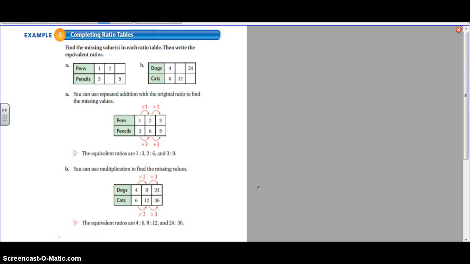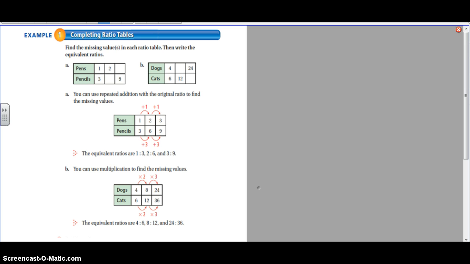Keep in mind, you are trying to find missing values. There are empty boxes. So if you add 1 to the pens and 3 to the pencils, you will get the matching ratios. Notice, what you do to the top, you don't have to do to the bottom if the pattern is different. So the equivalent ratios are 1 to 3, 2 to 6, and 3 to 9.